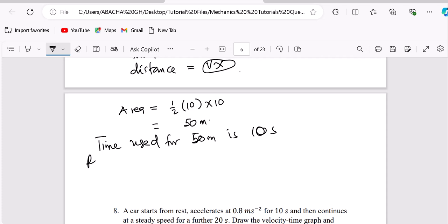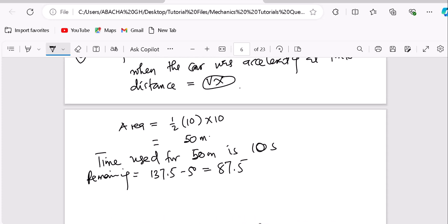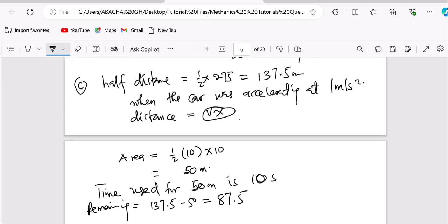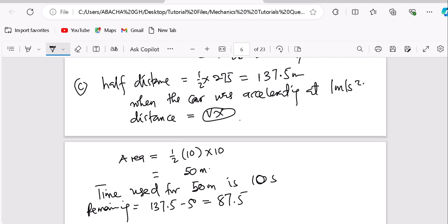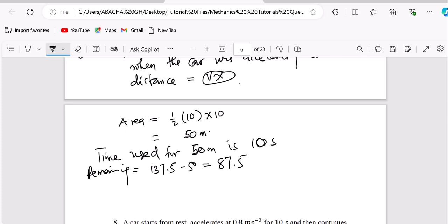The remaining part is 137.5 minus 50, and this is equal to 87.5. And so we look for the time for this distance, when the velocity was constant, or at a steady speed.